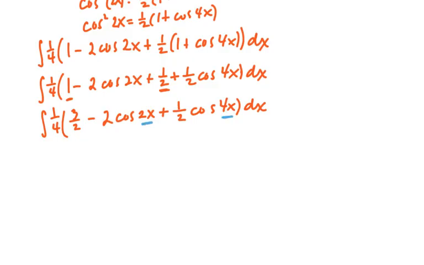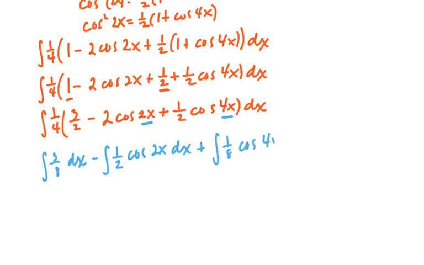So let's go ahead and split these into 3 integrals. So we have the integration of 3 over 8 dx, minus 1/4 times 2 is 1/2 cosine of 2x dx, plus 1/4 times 1/2 is 1/8 cosine of 4x dx.